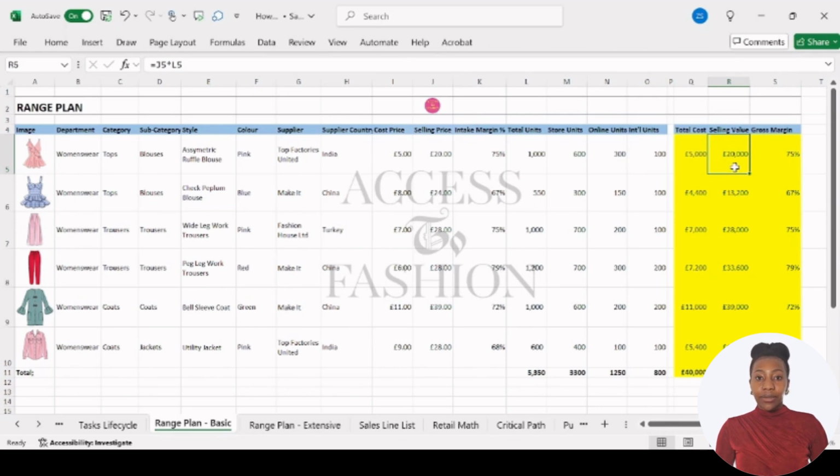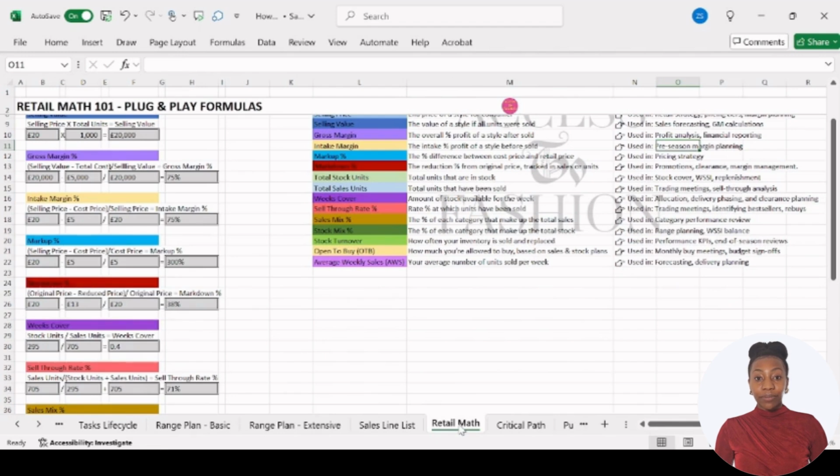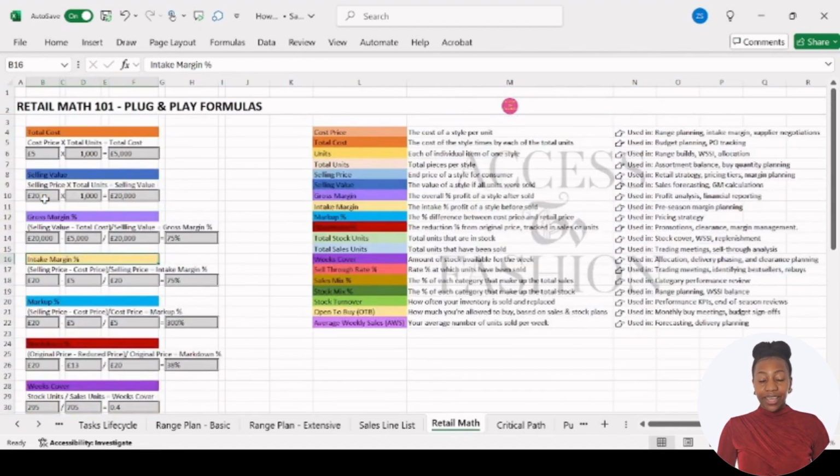So let's say we sold in the first week full price, then in the second week we had a promotion on tops. The selling value is only going to be for the amount of tops there were left after the first week of selling, if that makes sense. And let me know if that's a bit too complicated or if I'm not making sense, but I'll just try and get through as much of this as I can.